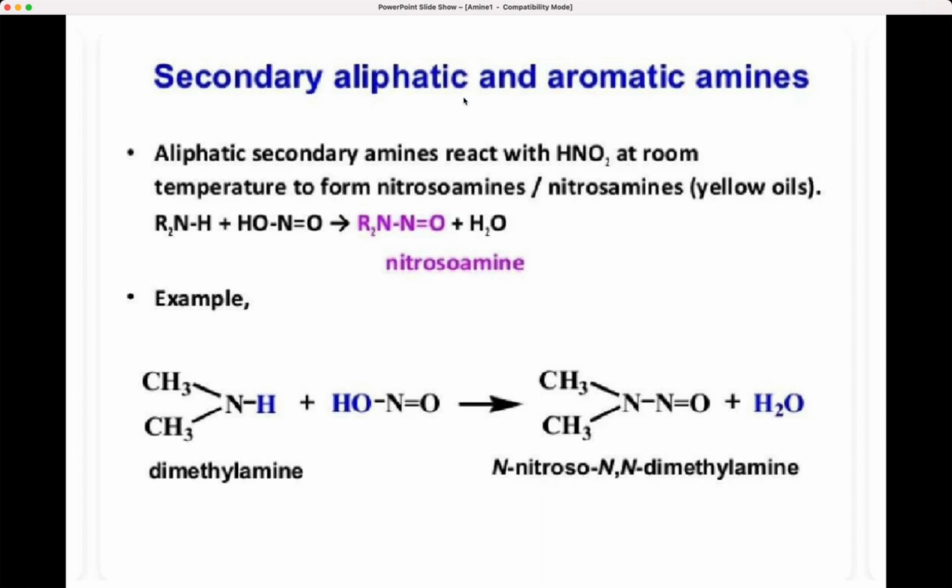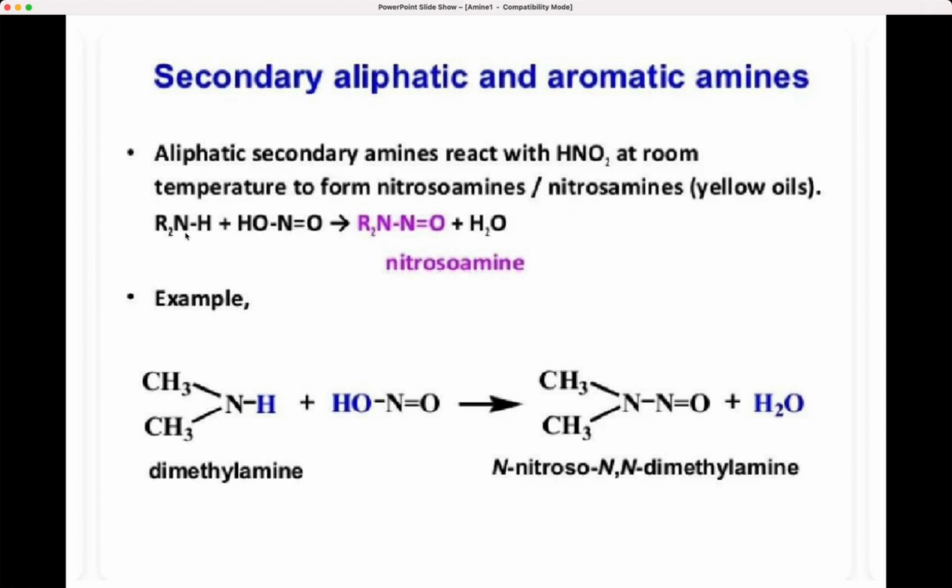And secondary aliphatic and aromatic amines. Aliphatic secondary amines react with HNO2 at room temperature to form nitrosoamines or nitrosamines, which are yellow oils. So, R2NH plus HNO2, we write like this. Between N and O we have a double bond, and NOH has a single bond.